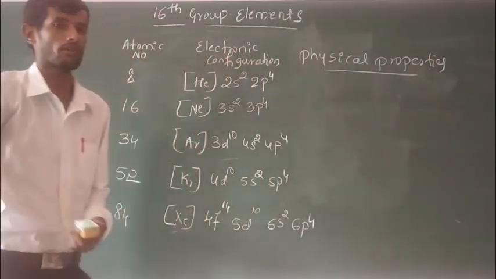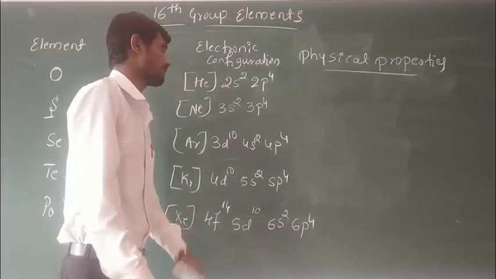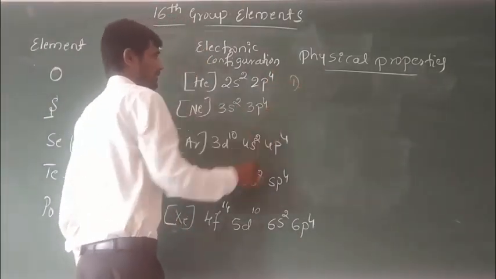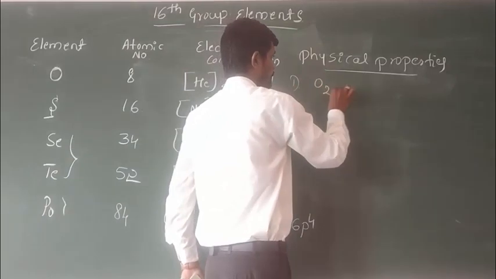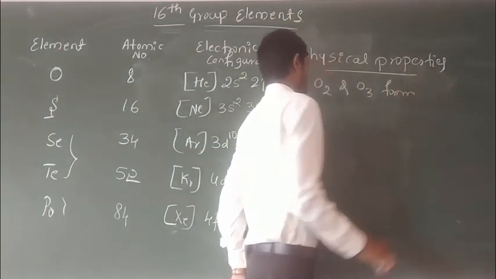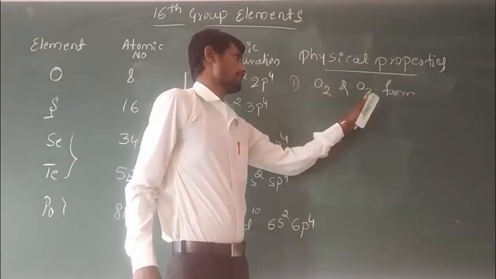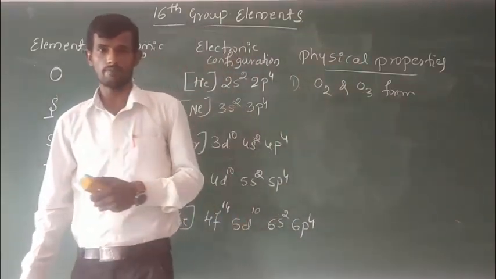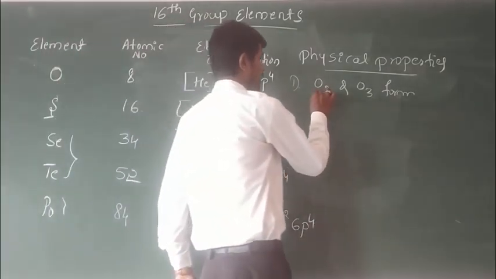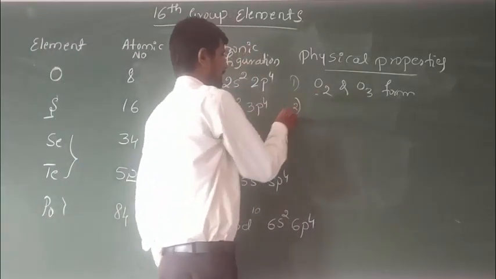Yes, we already know oxygen is available in O2 and O3 form. As you know, O2 means oxygen and O3 means ozone. So oxygen exists in two forms, O2 and O3.